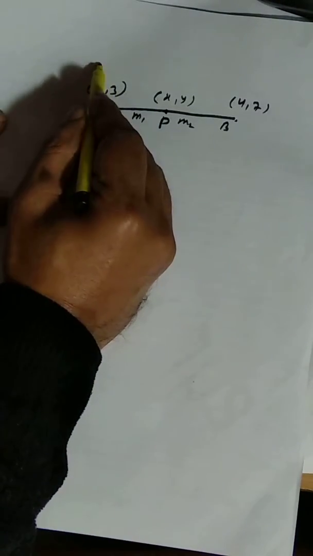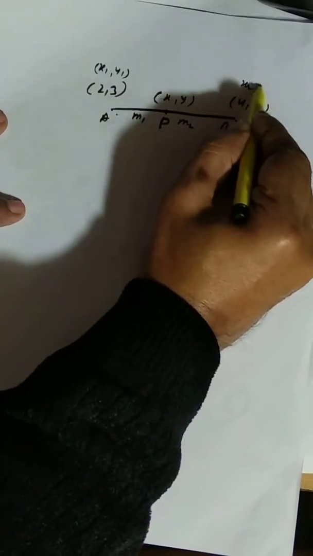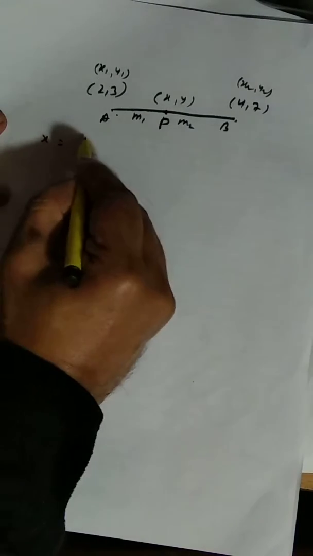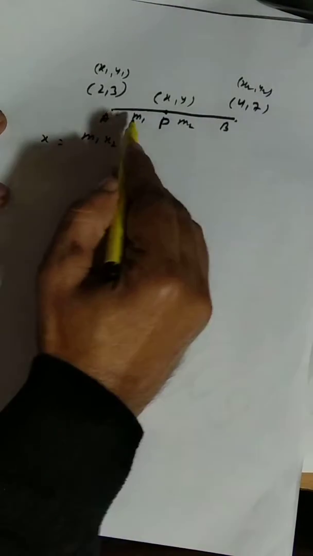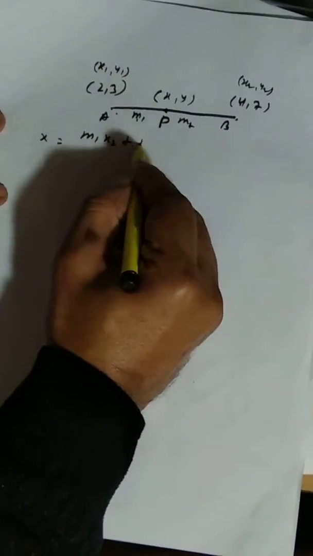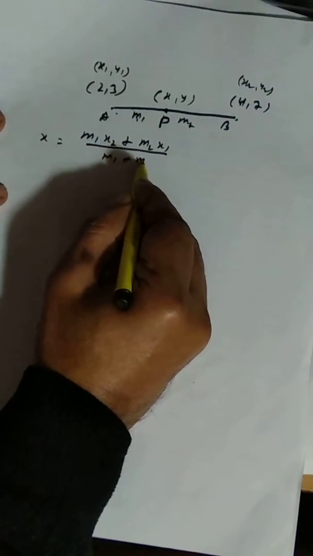For point A the coordinates I will take x1 y1, and for B we can take x2 y2, and use the formula. The formula is x equals m1 into x2 plus m2 into x1 upon m1 plus m2.